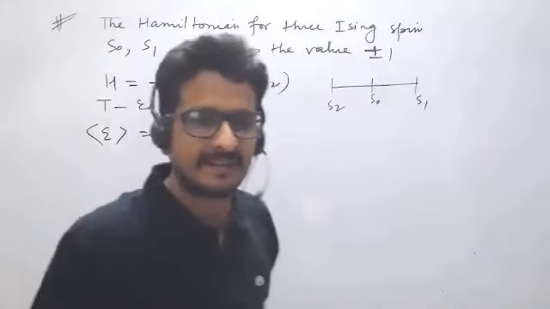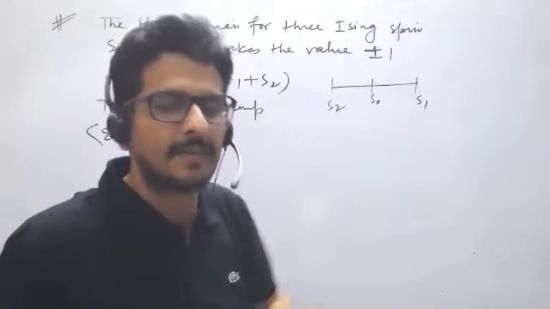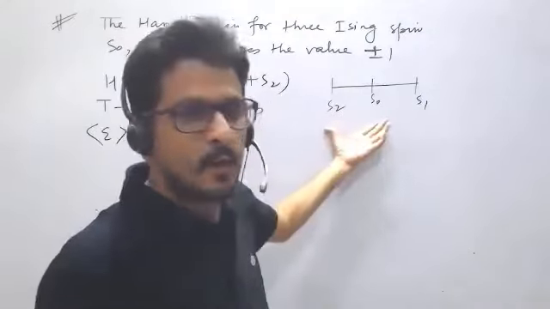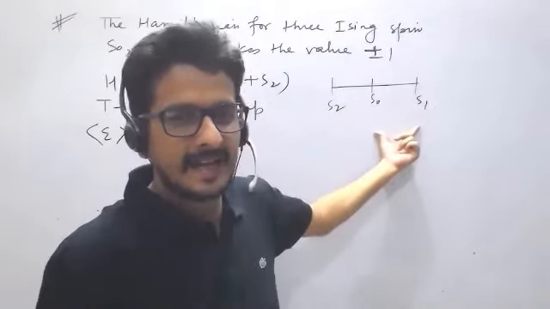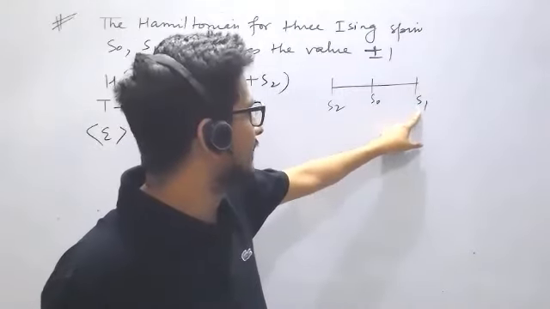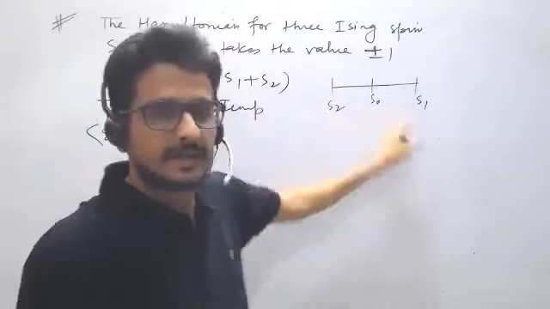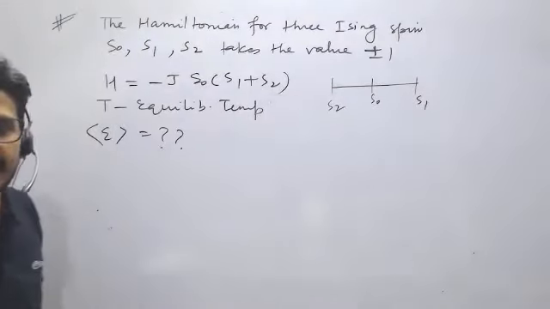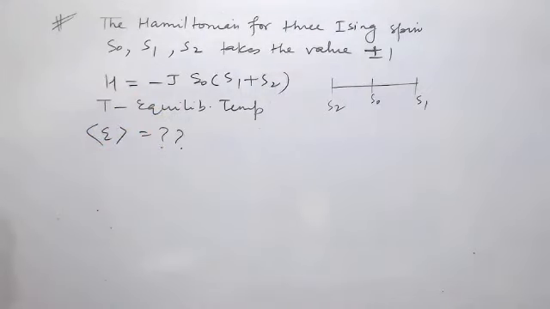I can form this question like this, that there is an open Ising system with spins like this. So in nearest neighbor approximation what will happen? S0 will interact with S1 and S0 will interact with S2, but no interaction of S1 and S2. Correct? So that's why the Hamiltonian is written like this.